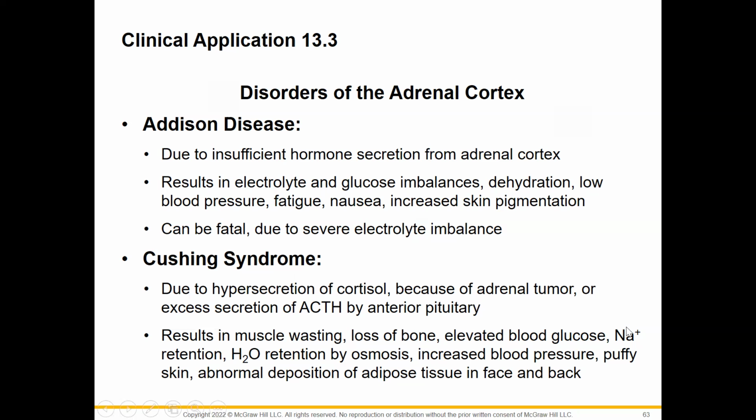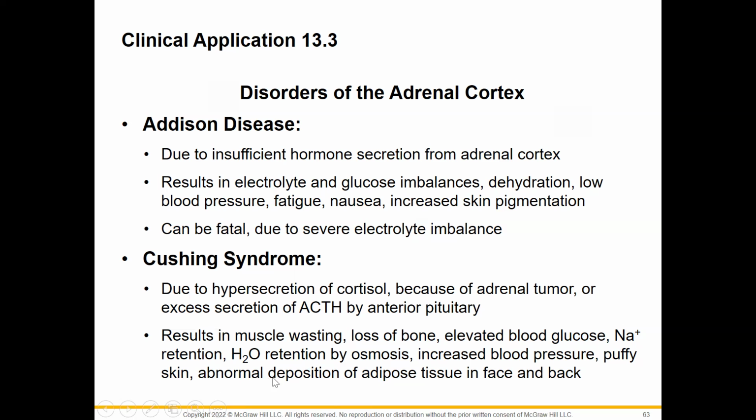You have more sodium retention, which means you have more water retention, which will lead to increased blood pressure. Also, because you're retaining more water, your body has to put all that excess water somewhere. All of it won't be able to stay in the bloodstream. So your body starts to pack it in your skin, in the extracellular spaces of your skin. So your skin starts to look more puffy.